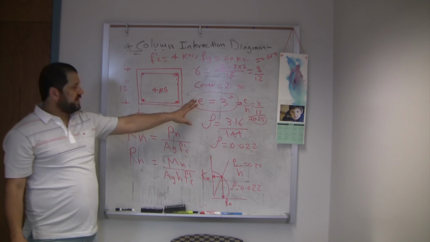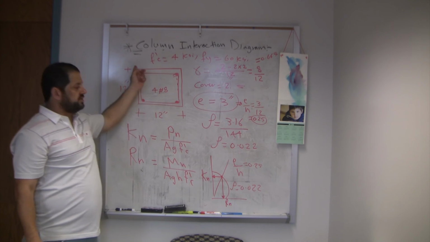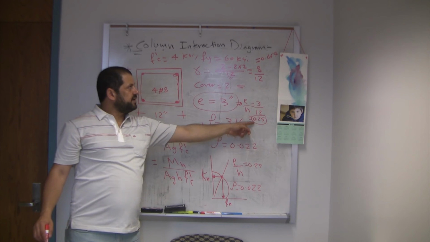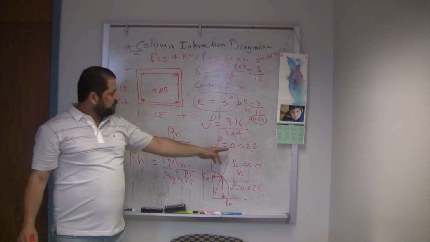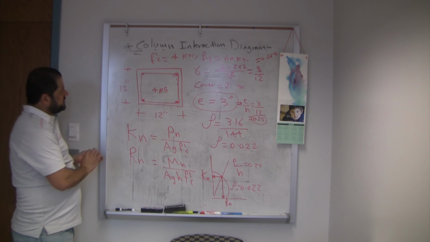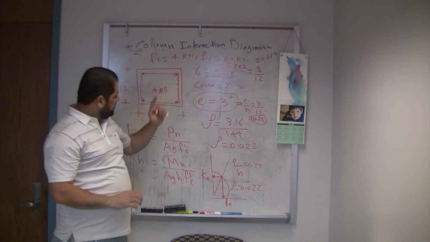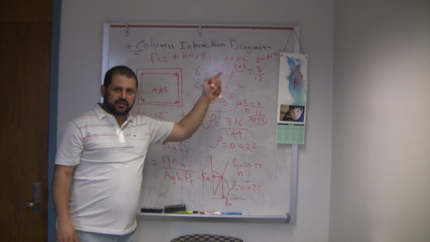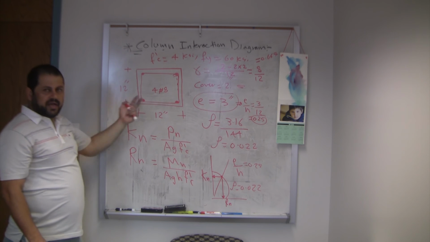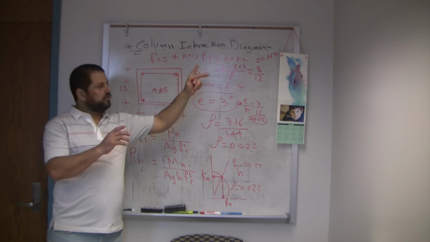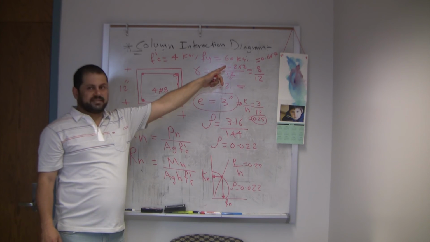Again, for this case, E over H is 3 over 12 equal 0.25, and rho equals 0.022. So what you need to do is go to the interaction diagram with gamma 0.6, pull K from there, then go to the interaction diagram with 0.7, get K from there, and do linear interpolation between them. So you will get K for the case of gamma equal 0.667.